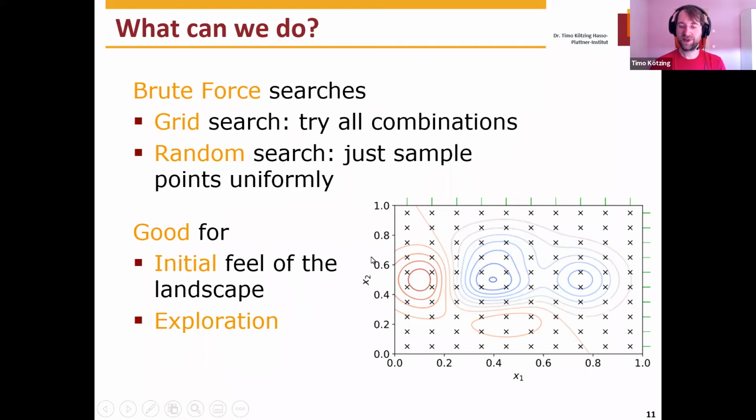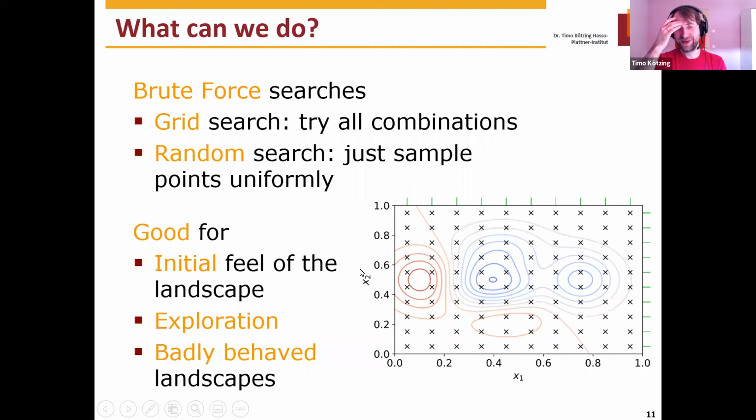Now, one caveat for this, no, it's not a caveat. If you have a badly behaved landscape, so it's not really local, it's jumping around, where something good is right next to something bad, and it's just jumping around, then a grid search is a very good possibility to get an overview, because any kind of local search, any kind of population, will be stuck wherever you are in that corner of the search space.